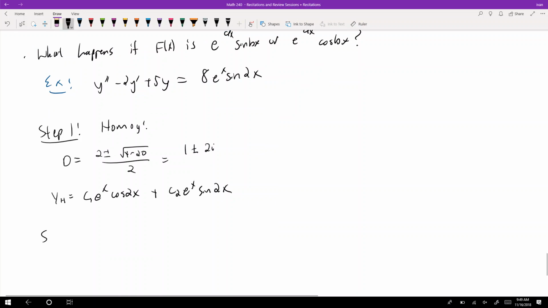So step 2 is to guess yp of x. And here's the idea. 8 e to the x sine 2x. Where does this come from? Well, here you can see that a is equal to 1 and b is equal to 2, because we always call this guy a and we always call this guy b.